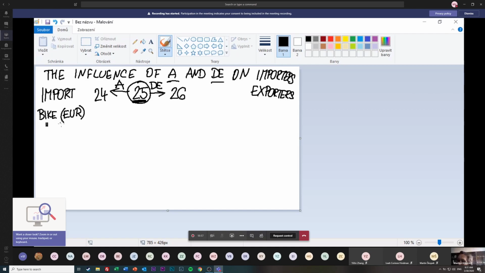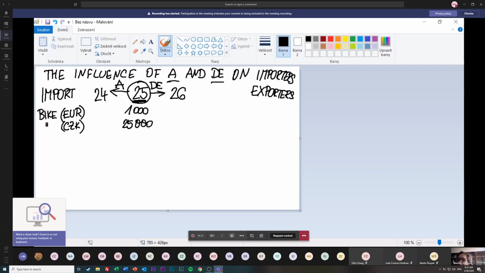So we are in the basic situation. I buy the bike for 1,000 euros in the German market, and I import it into the Czech Republic, and to multiply it times 25, this bike is in the Czech market for 25,000 Czech crowns.